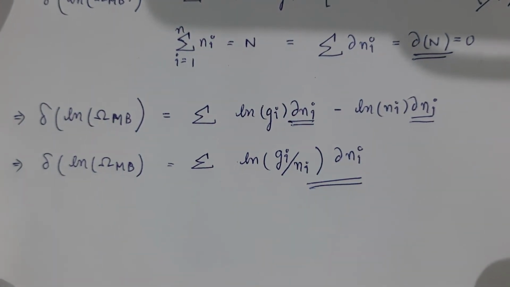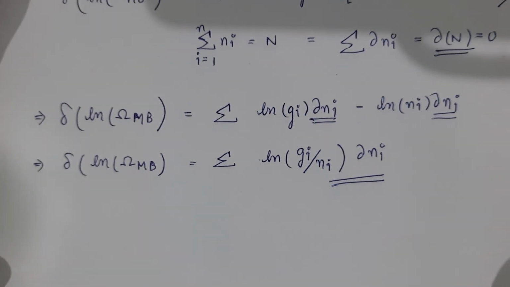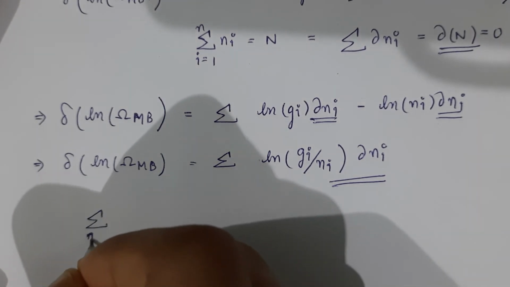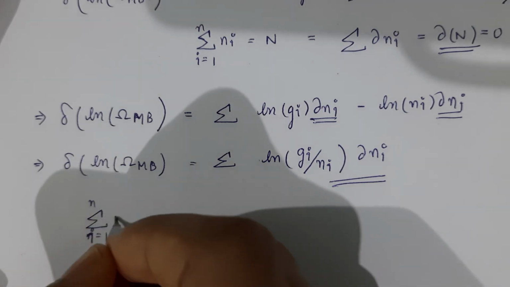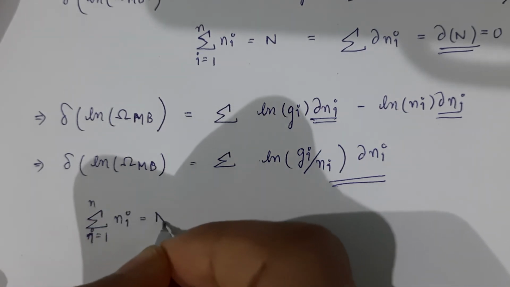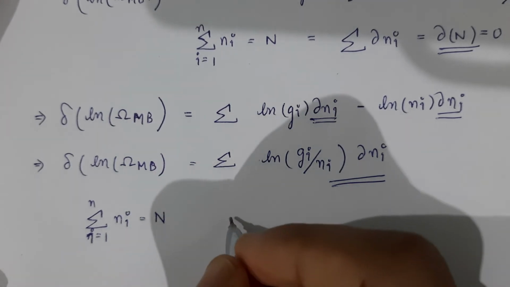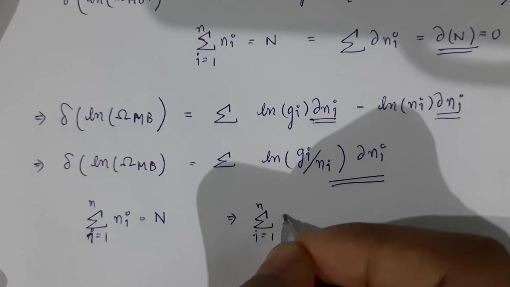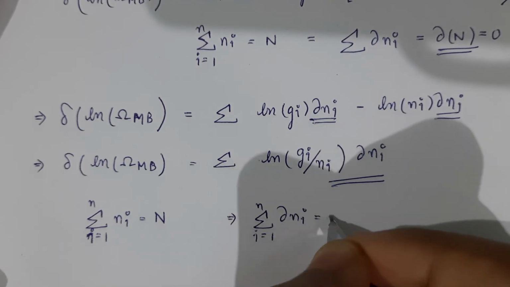Now one of the important things comes after this, which is that there are certain constraints that we need to take into consideration in deriving this expression. The constraints are: the summation of Ni, with i varying from 1 to n, is a constant which is called N. We had just written it earlier, so the summation from i equals 1 to n of d of Ni will be 0.